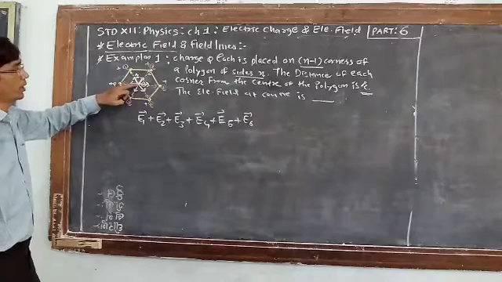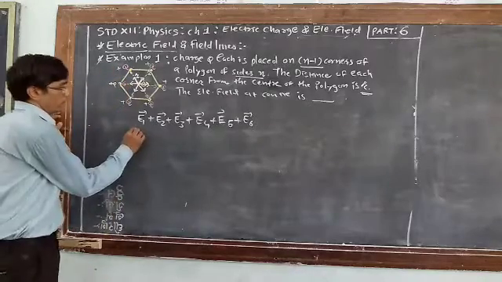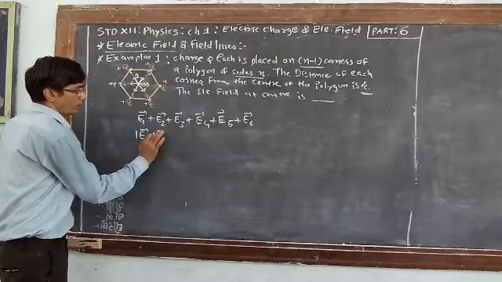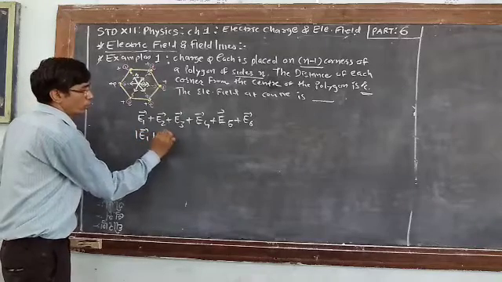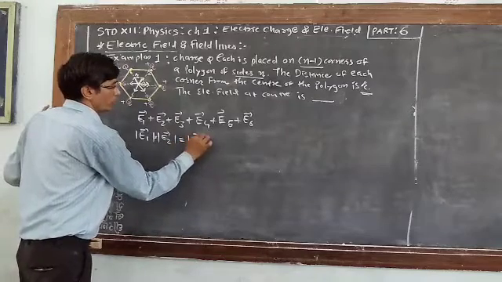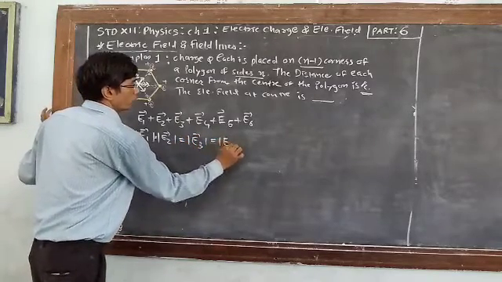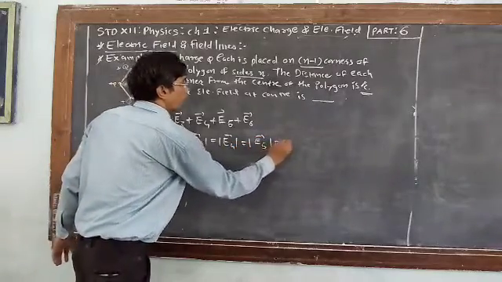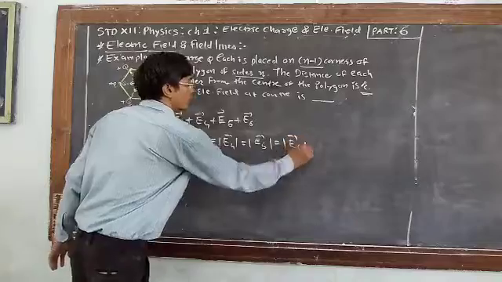So from the symmetry, all the values of the electric field are the same: E1 is equal to E2 is equal to E3 is equal to E4 is equal to E5 is equal to E6.